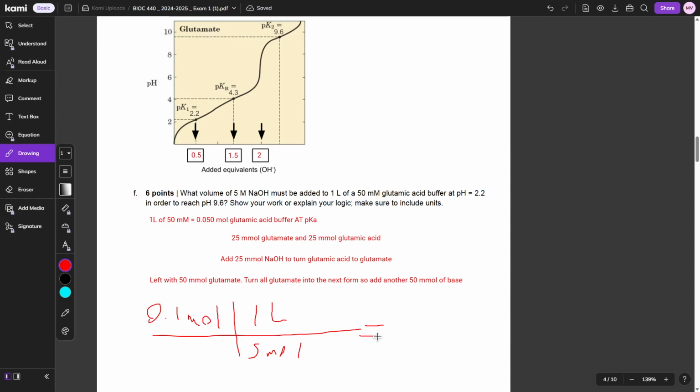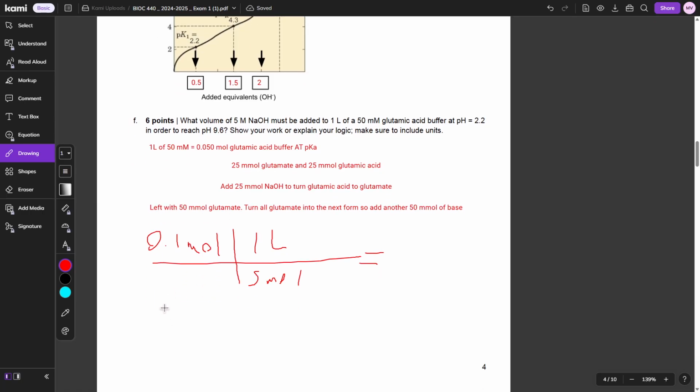It doesn't matter where you are, it comes back. Wait till you do M1V1 equals M2V2 in Biochem 426 again. Oh god, the lab class, yeah. Yeah, this test. The third one was pretty crazy.